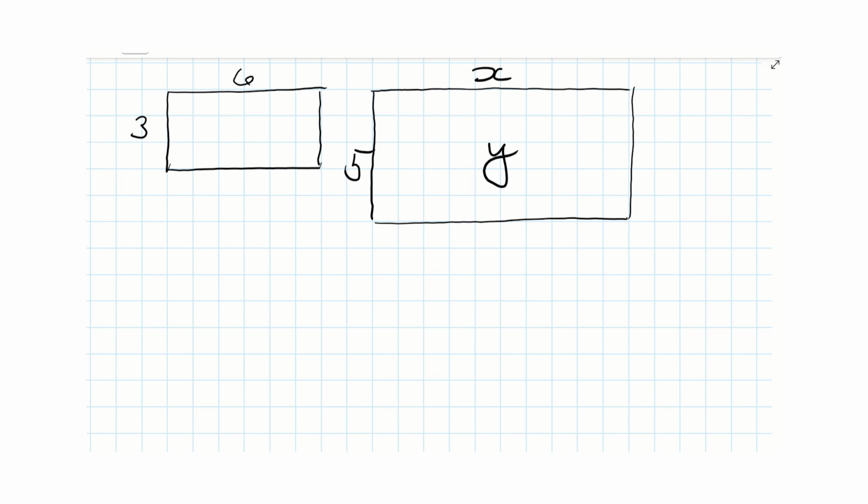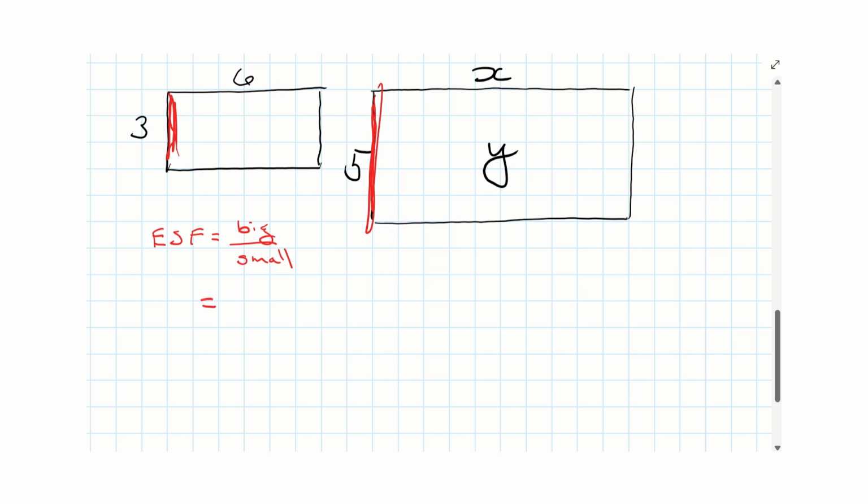I'm doing an expansion scale factor, so I know I want my big number over my small number. The similar lines that I can find are this vertical right here, and this vertical right here. So my fraction setup is going to be 5 over 3.